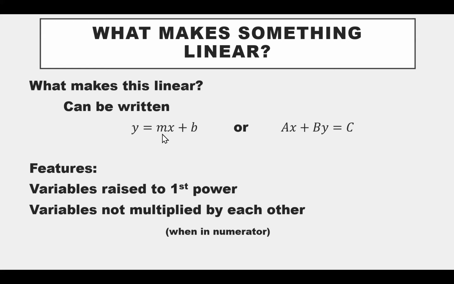I'm not writing m divided by x, for instance, or b divided by y. So when I write everything out in one of these two ways, I get variables raised to the first power, and the variables are not multiplied by each other when I force those variables to be in numerators.